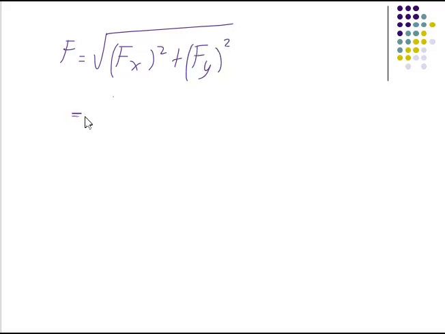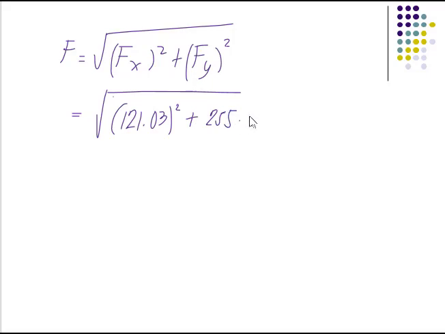Okay, then recall getting the resultant. If we want to get F, we have the square root of the x component squared plus the y component squared. From the calculation that we had, for the x component we have 121.03 squared, and for the y component we have 255.13 squared.